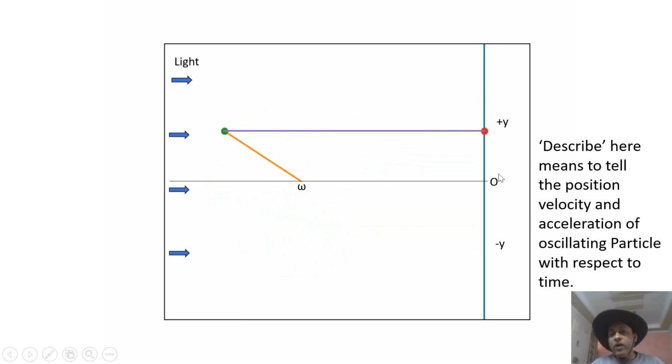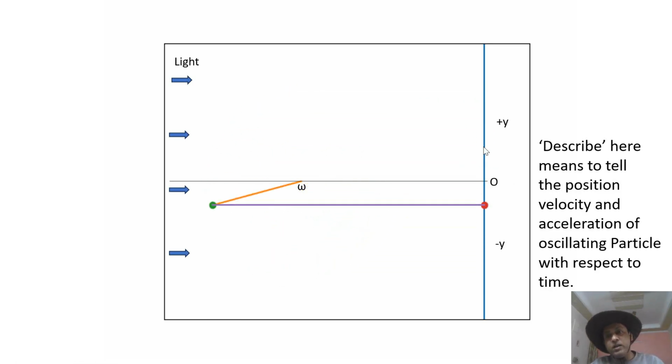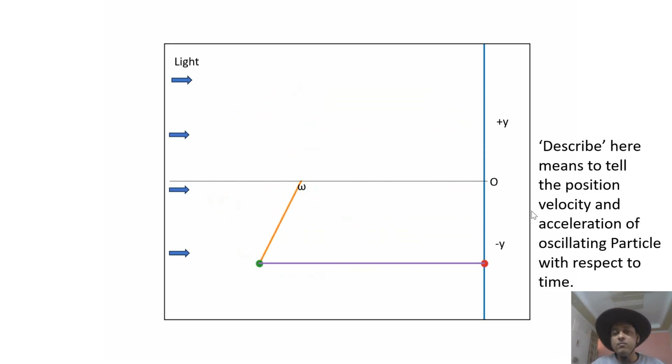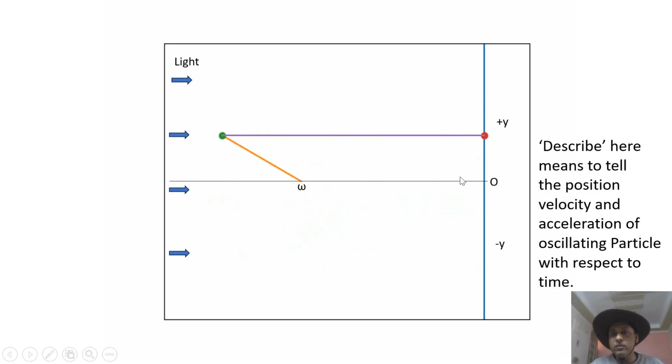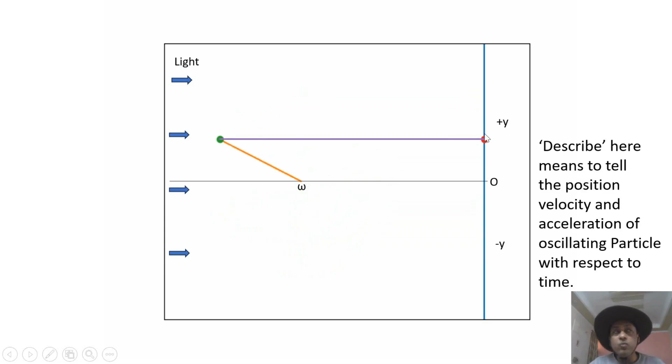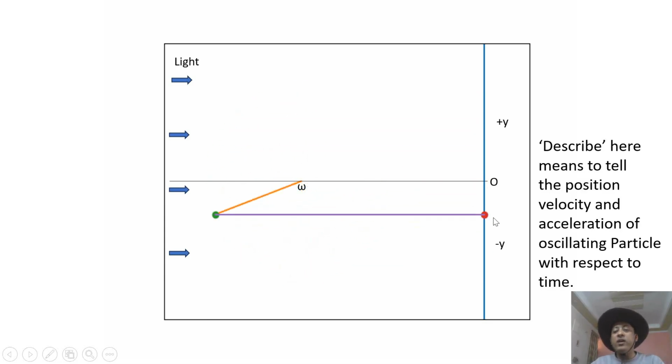Describe means to find the position, the velocity, and the acceleration of the particle when it is in motion. This shadow is moving to and fro. If we want to find out, at a particular instant of time, its distance from O, the velocity of that shadow, and the acceleration of that shadow at that point, we can find it very easily.